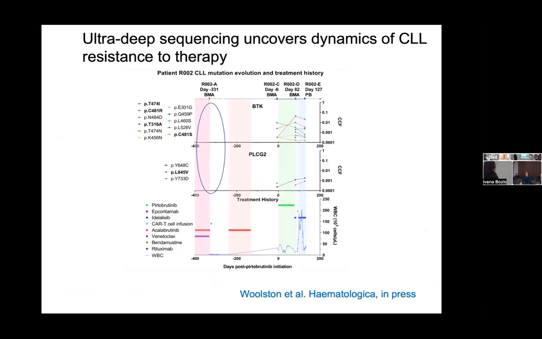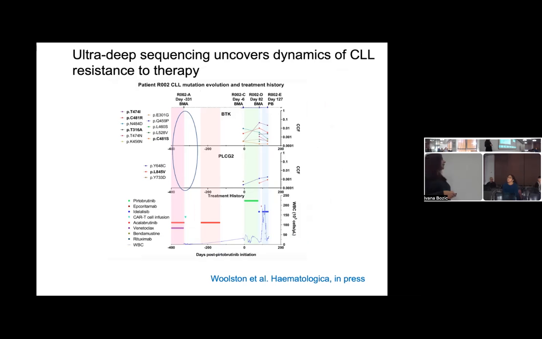We see a similar or even more interesting thing in this other patient where we have combination treatments for a while of two inhibitors, a BTK inhibitor acalabrutinib and BCL2 inhibitor venetoclax. And after treatment with those two, we don't see any resistance mutations. So that's kind of anecdotal, but again, along the lines of what we would predict.